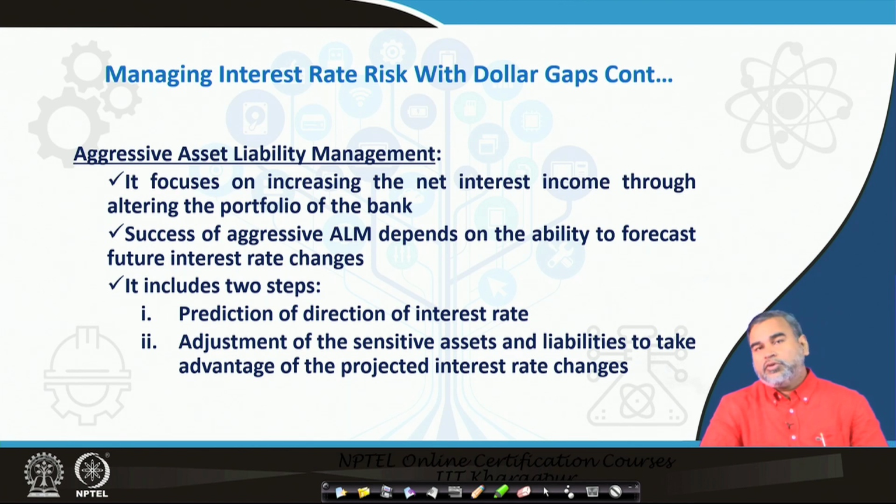If the interest rate is going to decline, then they can increase the rate sensitive liabilities. This is the way they can increase their net interest income whenever there is a change in the interest rate in the market. This is part of the aggressive asset liability management strategy.